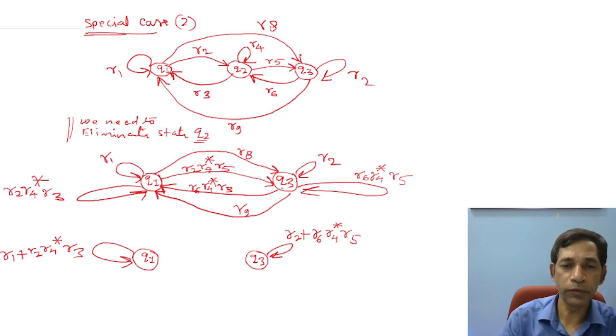From Q1 to Q3 you have two parallel edges going in the same direction. So you can combine them.